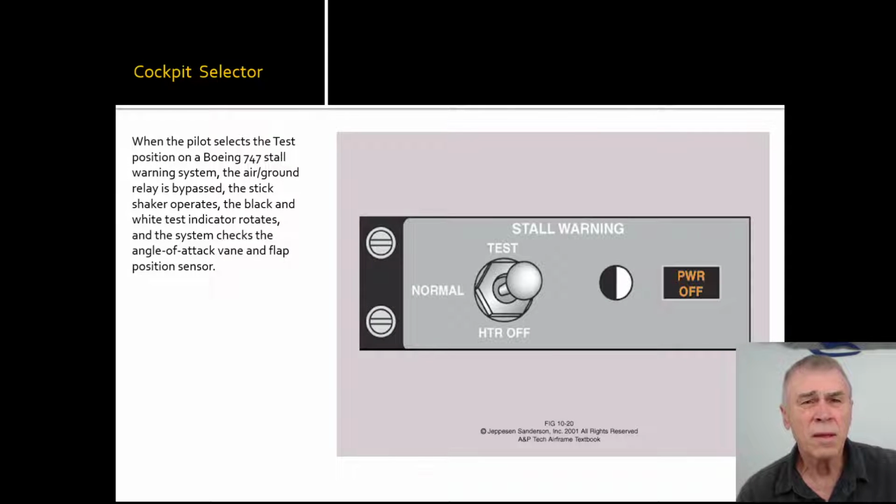This looks like a 747. Basically, there's a test button, so you can see the stall warning.